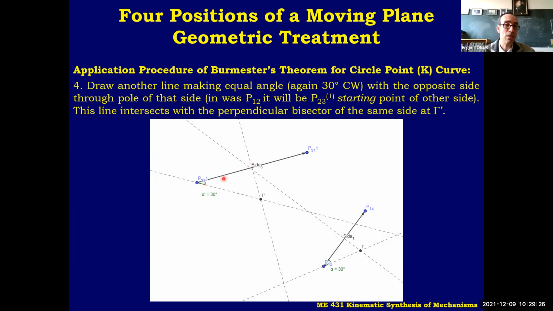Again, I'm using the tail of this directed line, and it's making, again, a clockwise angle of 30 degrees, and the perpendicular bisector of this side and the 30-degree line intersect at gamma prime. Okay, so I obtain 2 points, gamma and gamma prime, as a result of item 4.